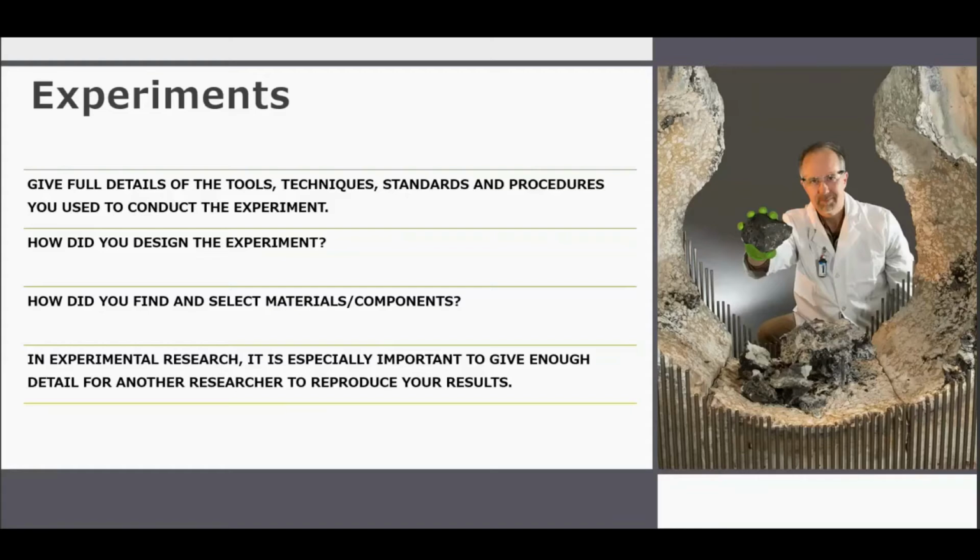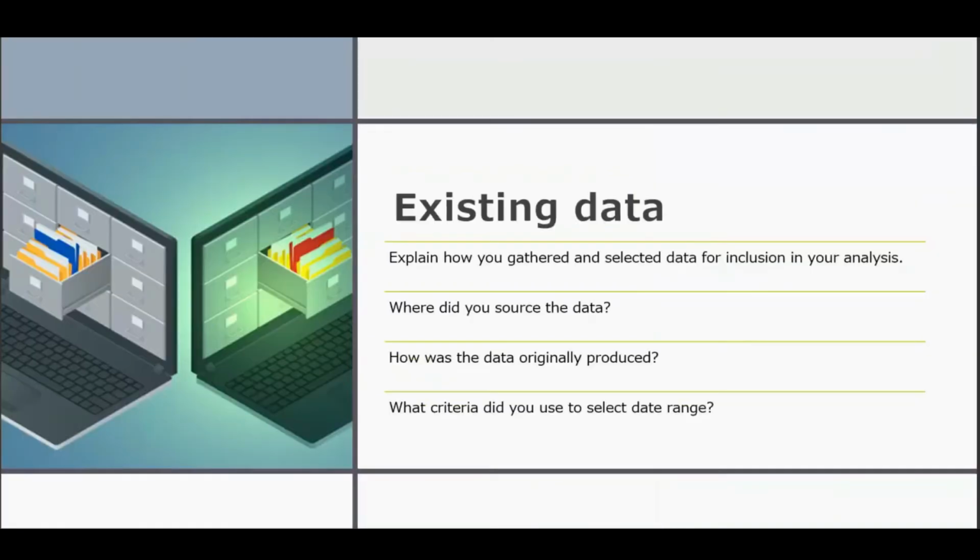These are the key areas that need to be considered with experiments. If you are using existing data, then these are the areas that should be covered. Nowadays we have the concept of big data.